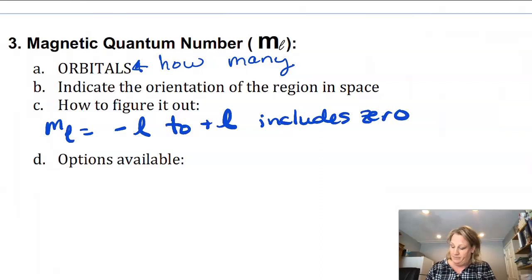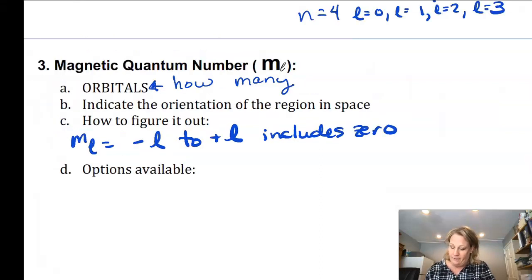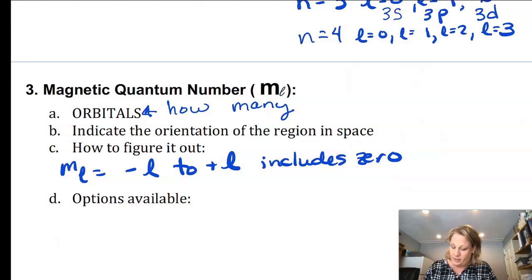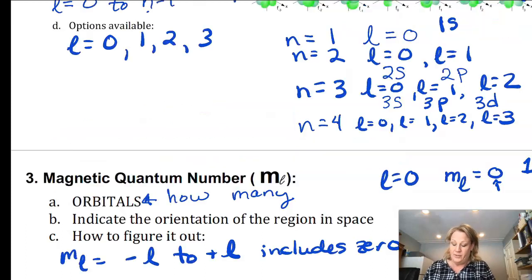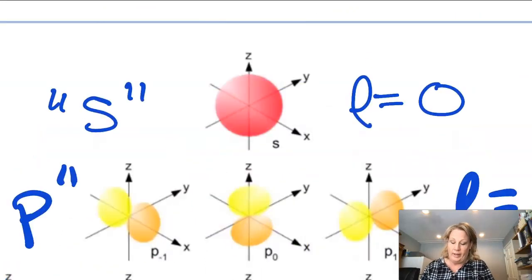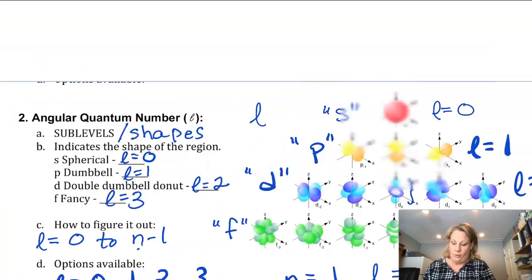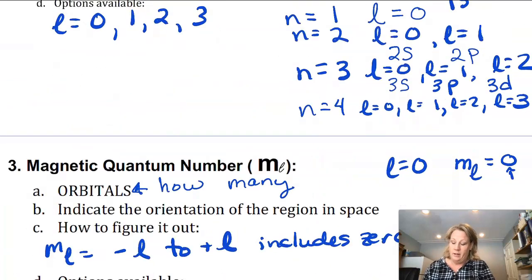So if we're talking about L equals 0, remember that's the spherical shape, then m sub L equals 0. And that's just one number, so there's only going to be one orbital. And notice the S, it only has one way it can be in three-dimensional space. So there's one orbital in any S sublevel.